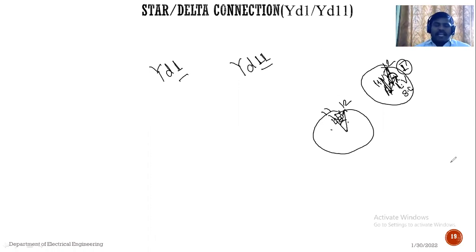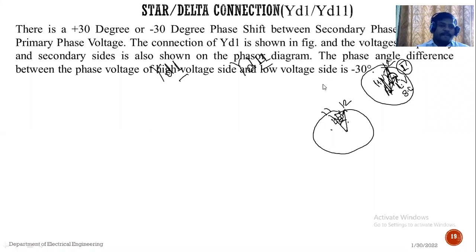The primary of the transformer is connected in star, and the secondary of the transformer is connected in delta. The phase displacement angle, that is, the angle between primary (HV) and secondary (LV) winding, is nothing but 30 degrees.